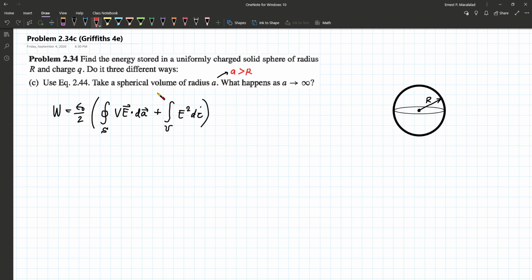So how are we going to do this? Let's draw the spherical shell that we're talking about.